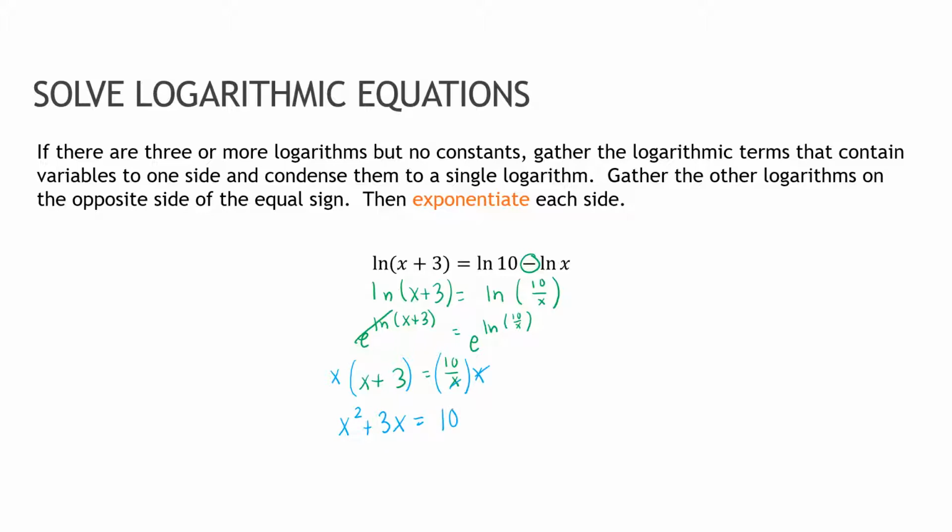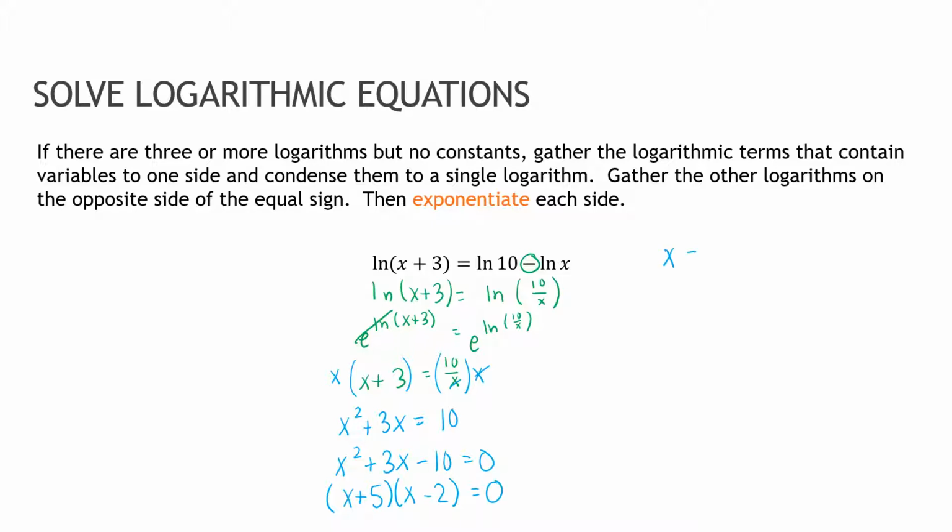So now it's pretty straightforward. We should be really comfortable with solving quadratics at this point in our lives. So I have x squared plus 3x minus 10 equals 0. This will factor into x plus 5, x minus 2, because that would multiply to negative 10 and combine to 3.